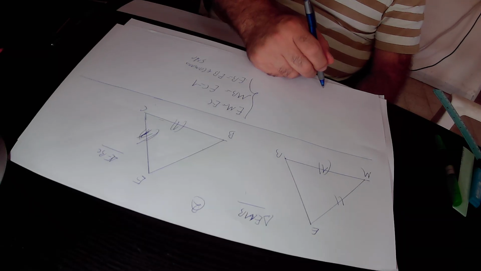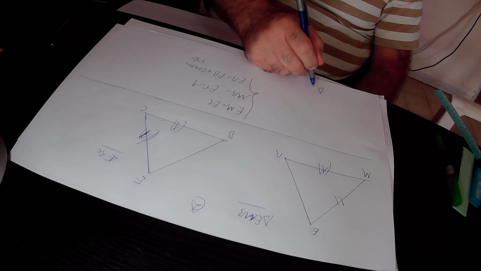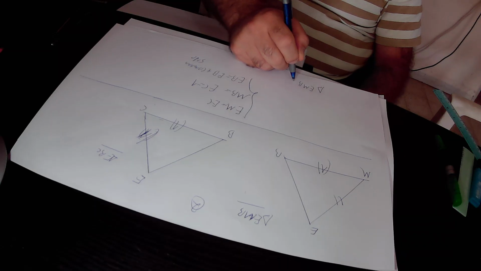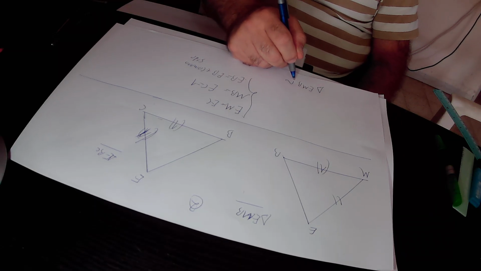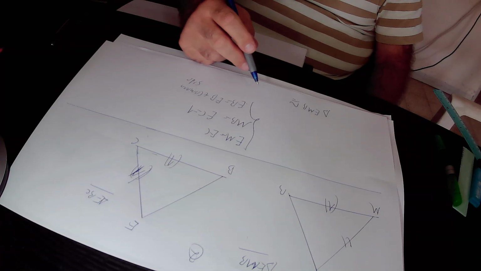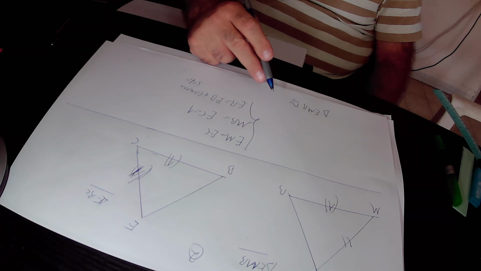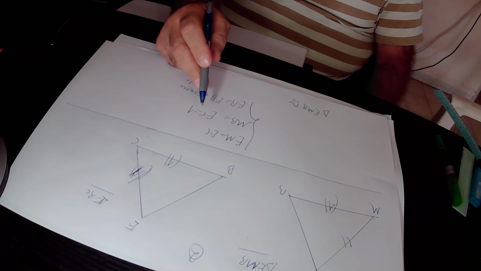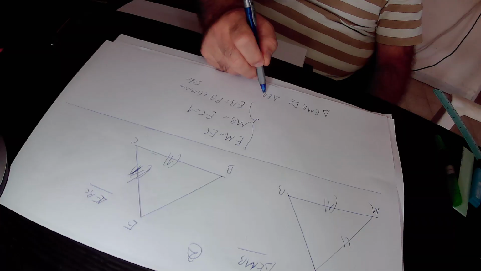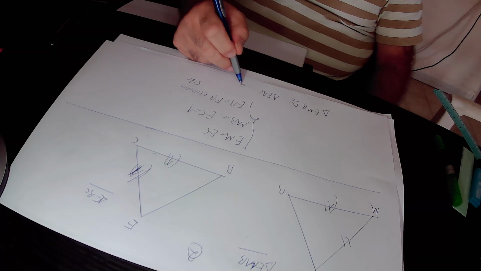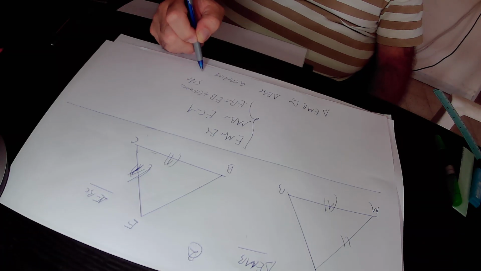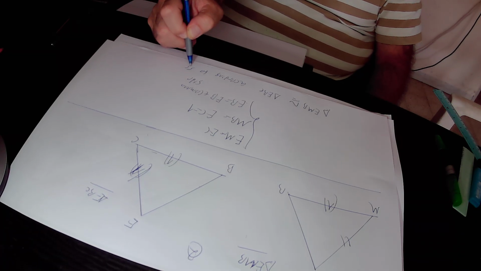So remember, triangle EMB is congruent to triangle EBC according to the side, side, side rule. This is the sign of congruence.